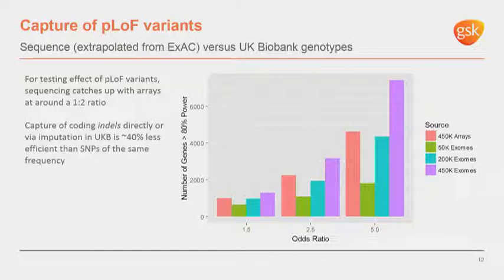So for loss of functions that result in a relatively modest effect on disease, an odds ratio of 1.5, there's not much differentiation between 450,000 exomes versus 450,000 arrays in terms of the number of genes where you could actually demonstrate that association. But as you get to larger effects, which certainly exist out there, you see that the exomes and the genotyping arrays reach parity somewhere around a 2-to-1 ratio. So you achieve the same power with 2 times as many arrays as you do for one exome. So food for thought.